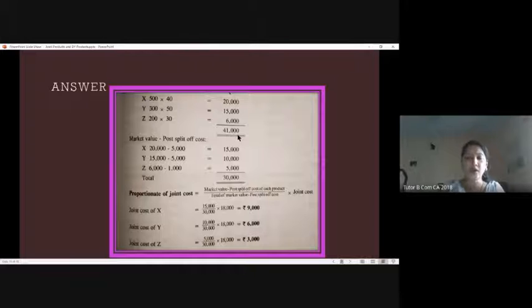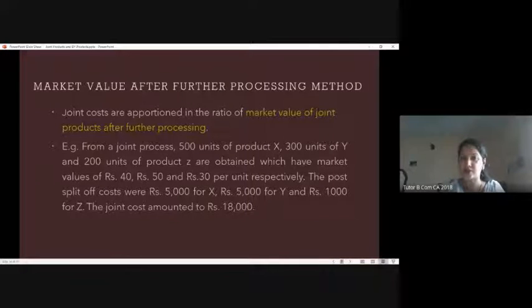Now what we need to find out as per this method is we have to consider the processing cost after the splitting off. So what we will do, it will be 20,000. How did I get this 20,000? It's basically the market value of X at the time of splitting off. From that, I'm going to reduce the post-split off cost. It's already given in the question that you have a post-split off cost of 5,000. It's nothing but the cost involved in further processing the product.